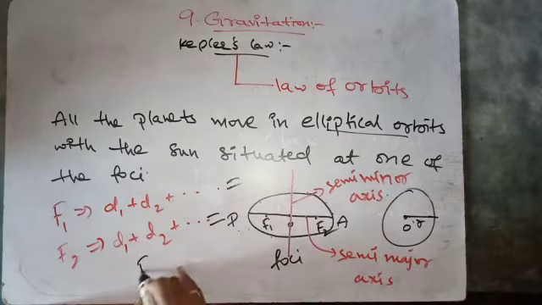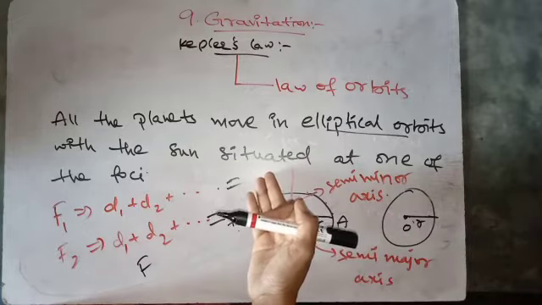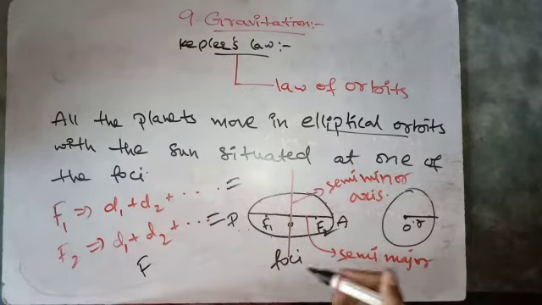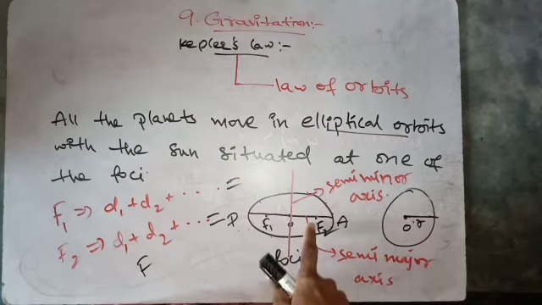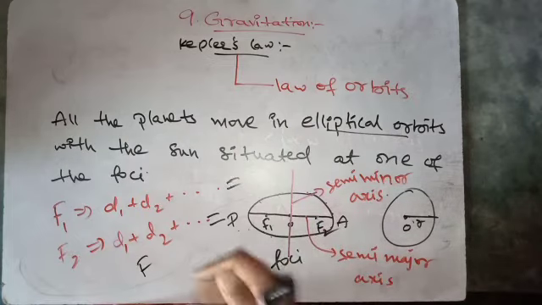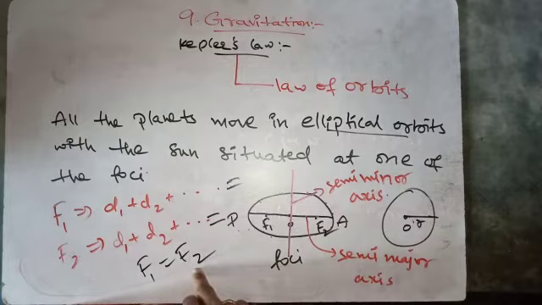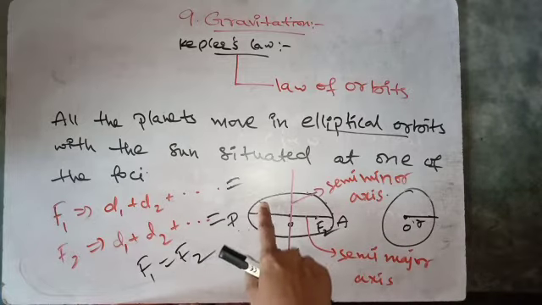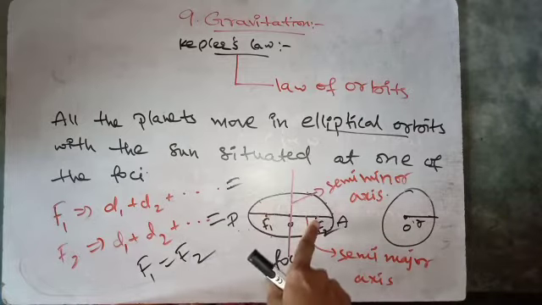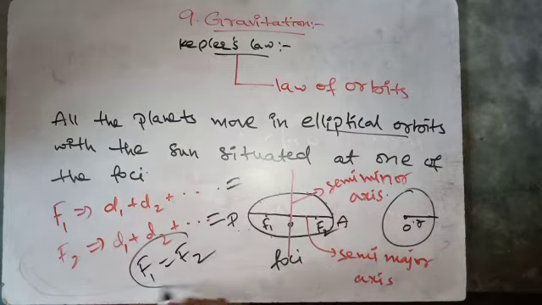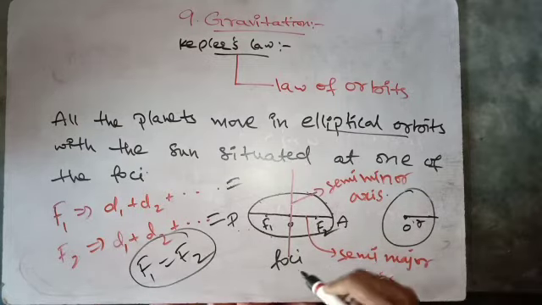Whatever you got, the sums of the distances from F1 and F2 to the points on the ellipse are equal.